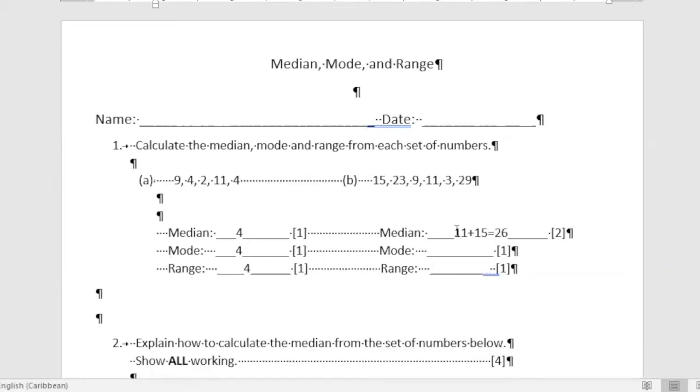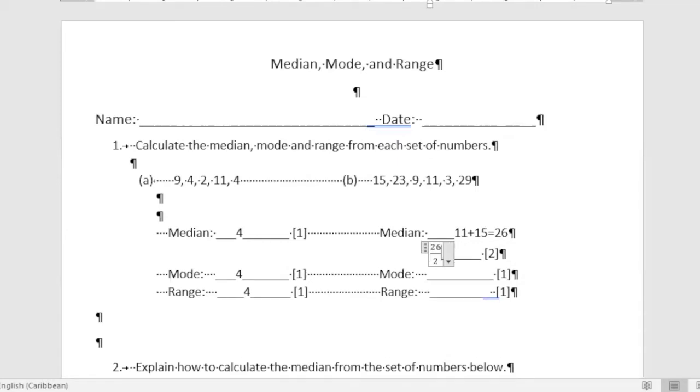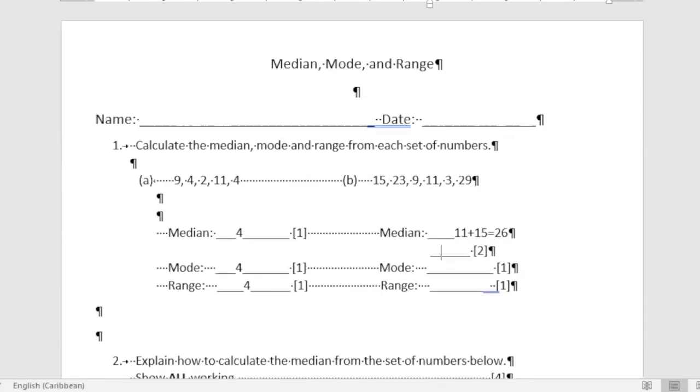When we divide 26 by 2, our quotient equals 13. Therefore, our median is 13.